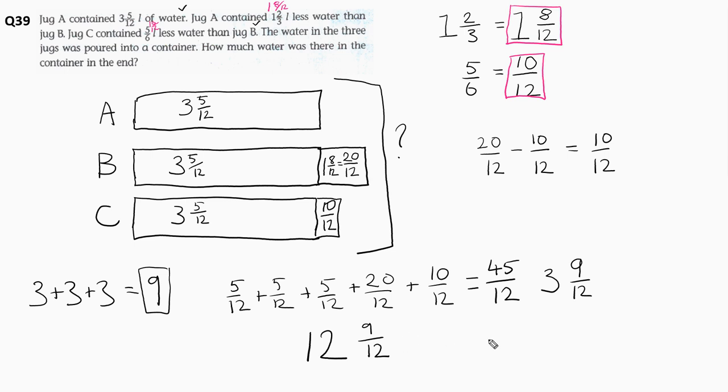So if I've got 9 twelfths, if I divide 9 by 3 and I divide 12 by 3, I will get 3 fourths, 3 quarters. So my final answer is going to be 12 and 3 quarters of a litre.